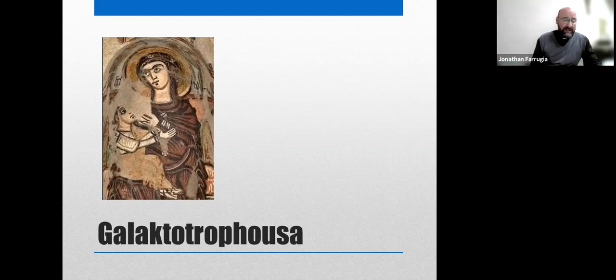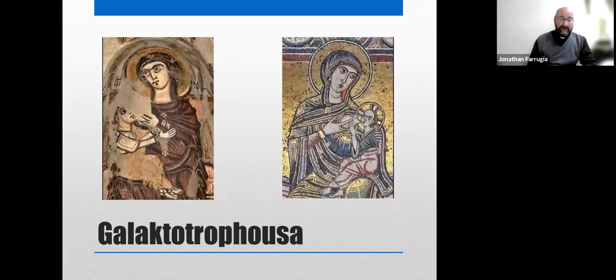In Rome, the earliest Marian image, which is found, as we said, in the catacomb of Priscilla, is most probably also a galactotrophusa. But as we said, it is difficult to say because the image is quite faded. After this, the first Madonna with this imagery comes from the 12th century in Rome, from the 12th century mosaic found in the facade of Santa Maria in Trastevere.